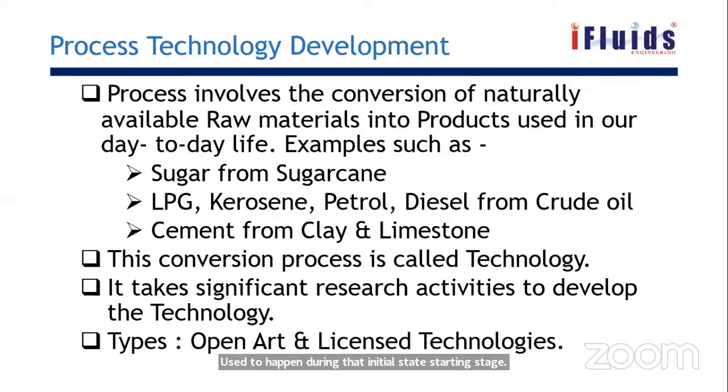Based on that, we proceed to industrial production. This research process, or a company, makes the process available with a developed licensing tool, where they sell it to the investor.